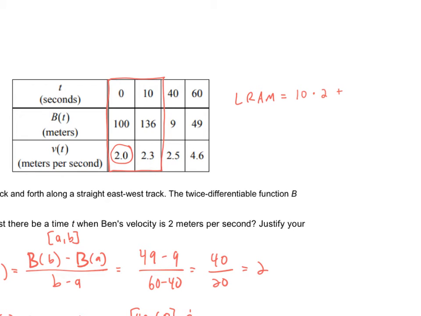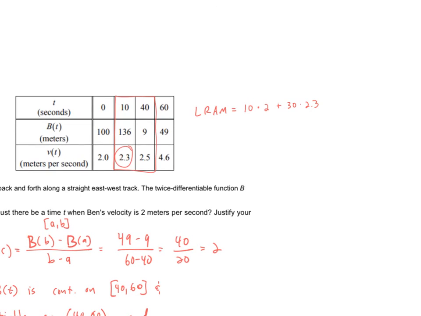Now we'll do the same thing with the next subinterval, and we'll use that value. The width of this subinterval is 30, right? 40 minus 10, and then we'll use 2.3 as the height of that one.